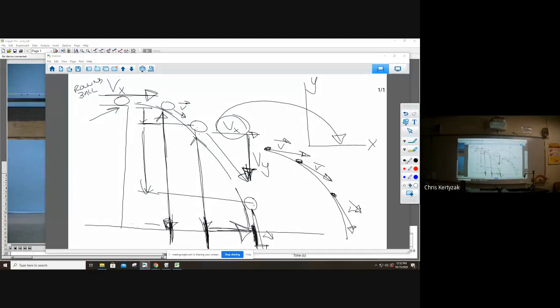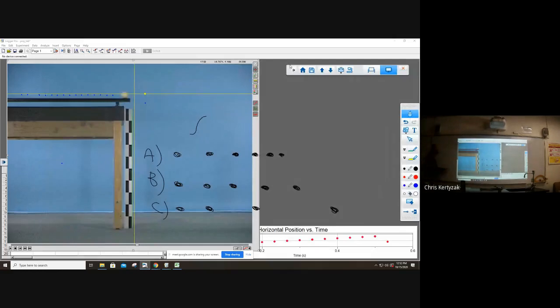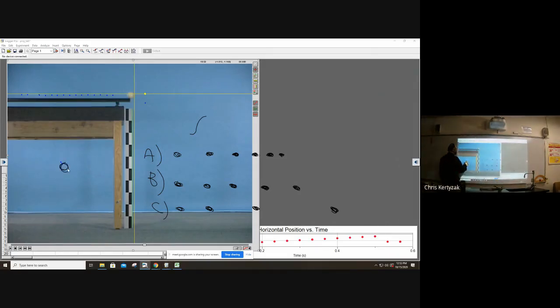Why does that not work? Still not working. You have to come over here. Here we go. Now, if I were to ask you to draw a free body diagram for the ball while it was rolling, what would you do? Try it for yourselves. Draw a free body diagram.